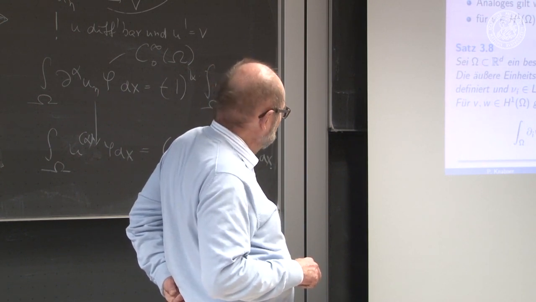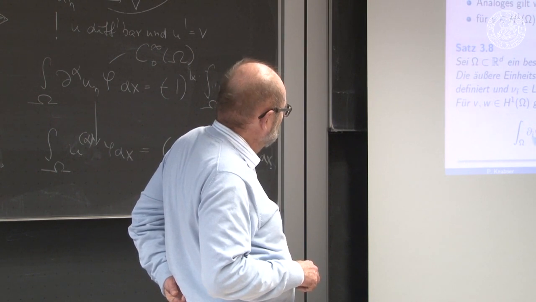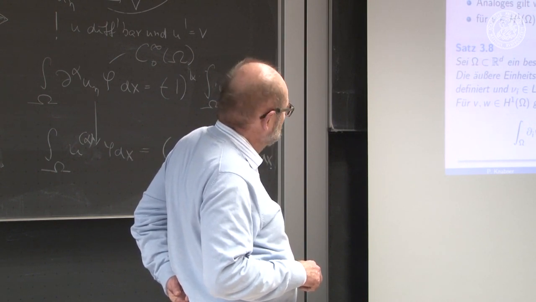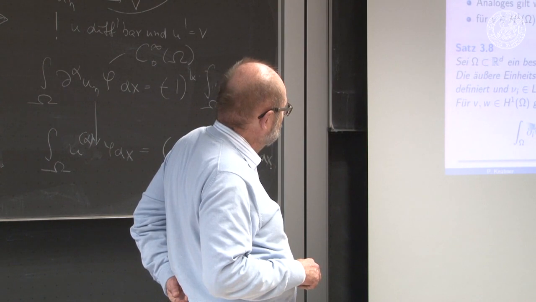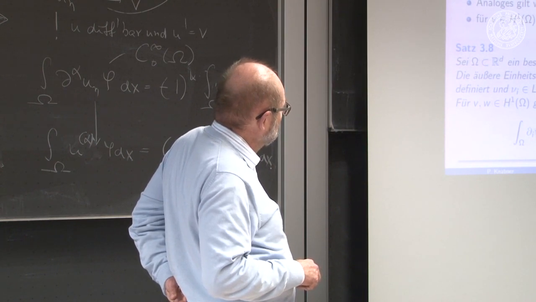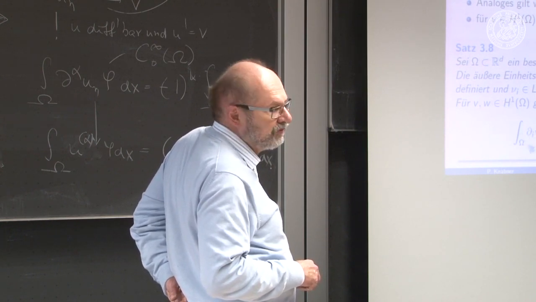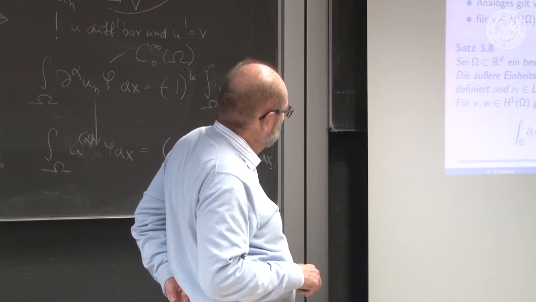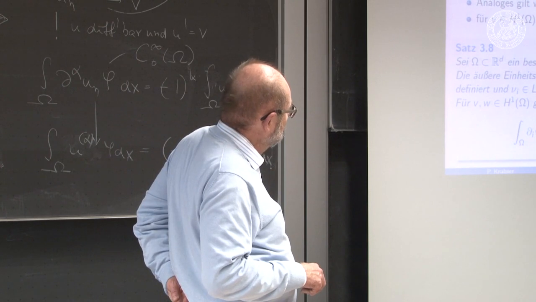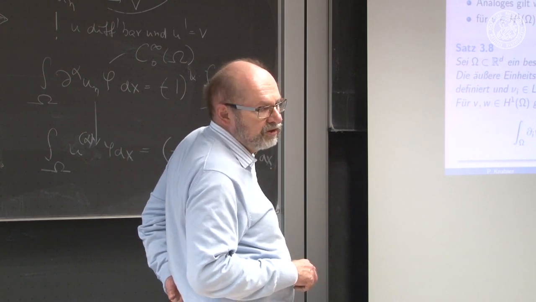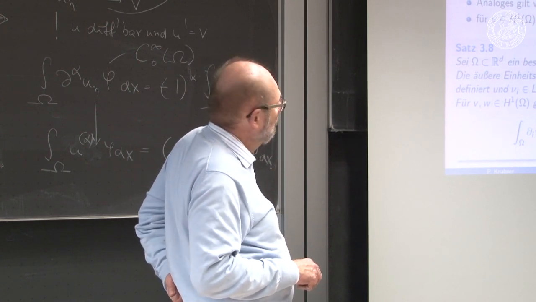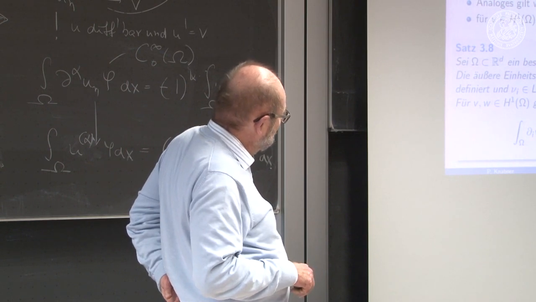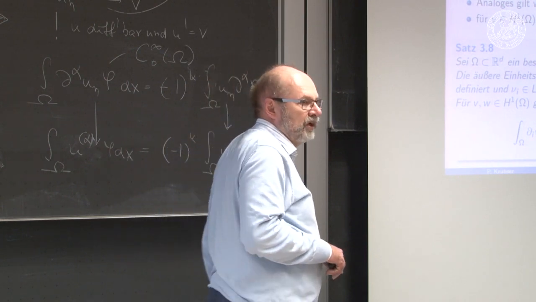But because all these quantities which we have here converge in L2, because the sequence converges in H1, so the functions themselves converge, but also their derivatives converge in L2. All these things here converge correspondingly. Here also we have to take into account the continuity of the trace operator. And then in the end, we get the same formula in the limit.